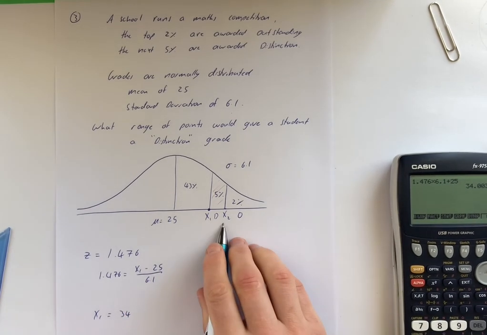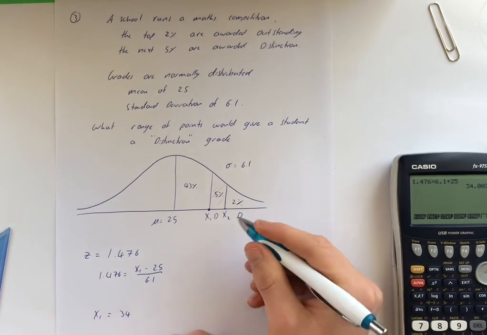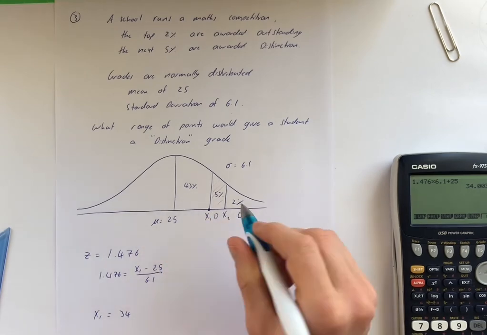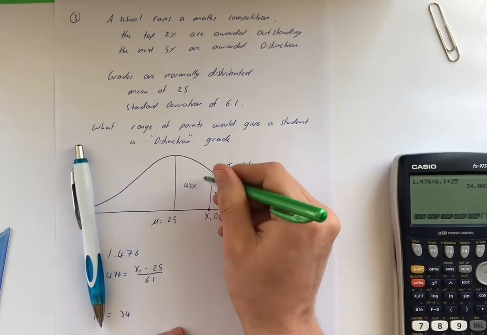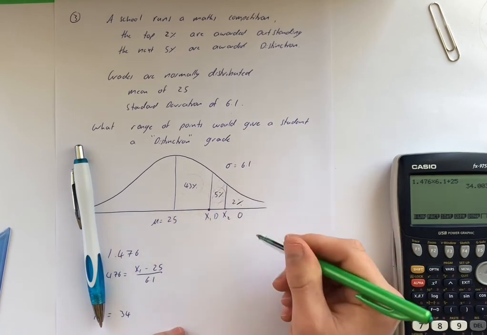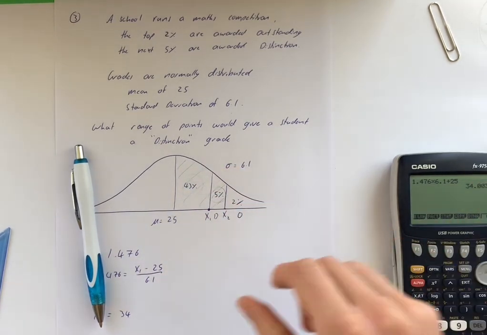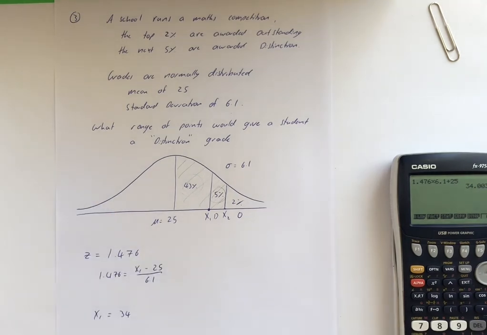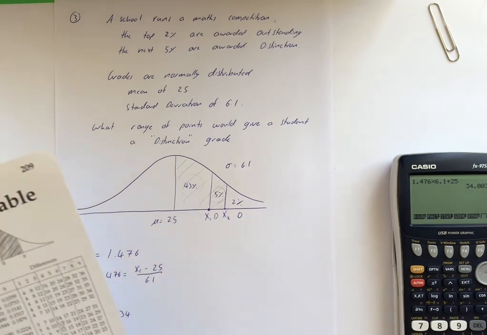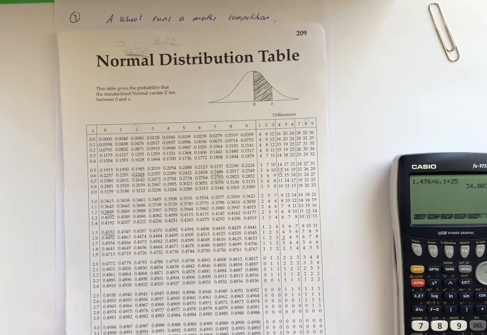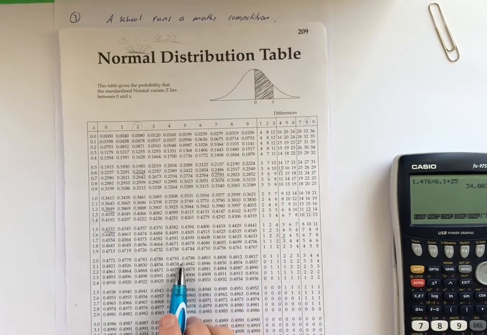Now we need x2. x2 is just going to be this total area, the 43, and that 5, that's going to give us all of this area, which is what we want to find in our z table, or our normal distribution table. So we're looking for 48%. Okay, 48%. Here we go.